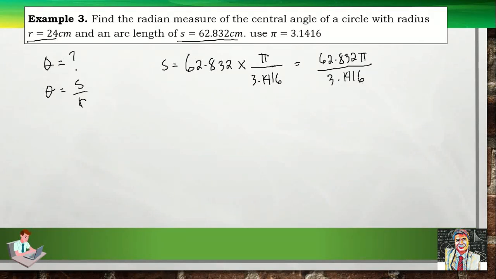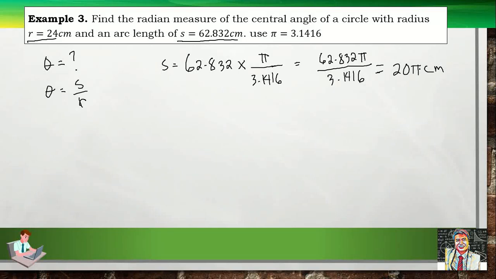So paki-compute nga. So that is 62.832 divided by 3.1416. That is ilan? So that is 20 pi. Since ang measurement natin cm dito, that is 25 cm.